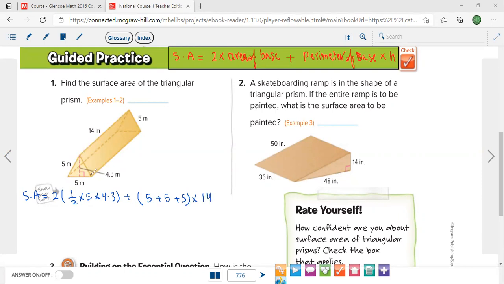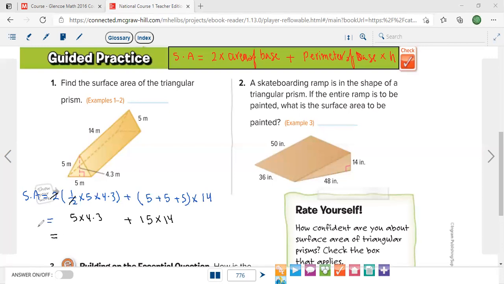Someone will say, how do you know that this is 5? It's exactly the same as this one. This one is 5, so this one is 5. This one is 5, so the length of the side is 5. So as I said, the 2 always cancel the half. You just need to multiply 5 times 4.3 plus 5 plus 5 plus 5, 15, multiplied by 14.